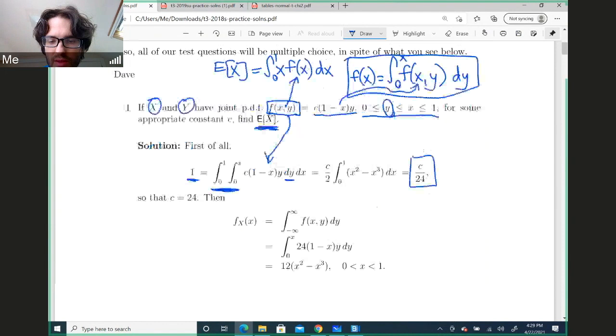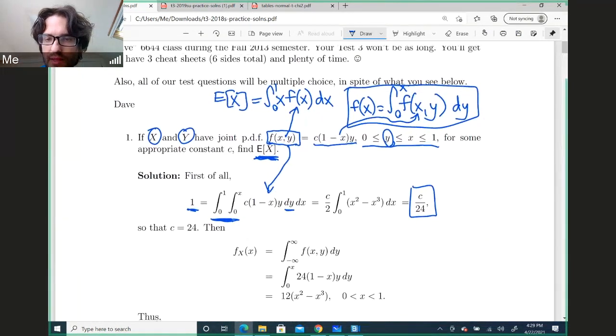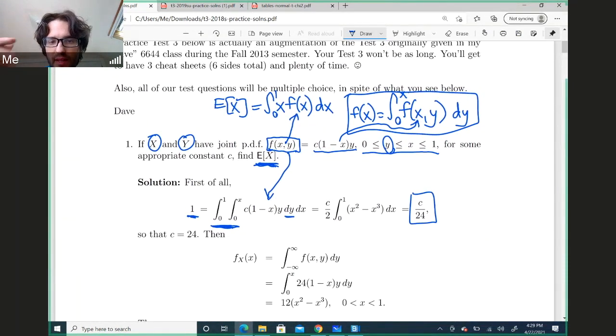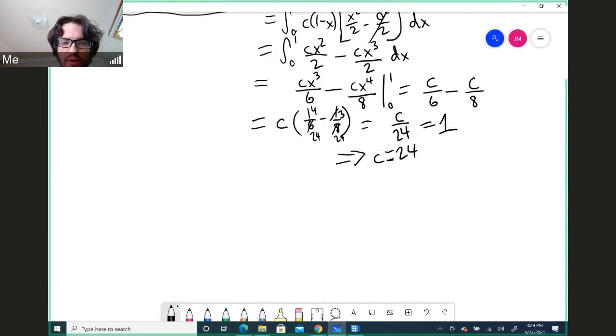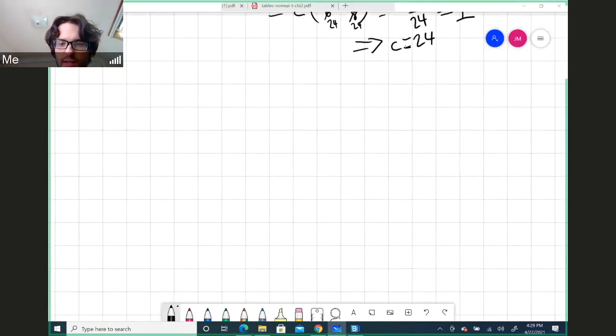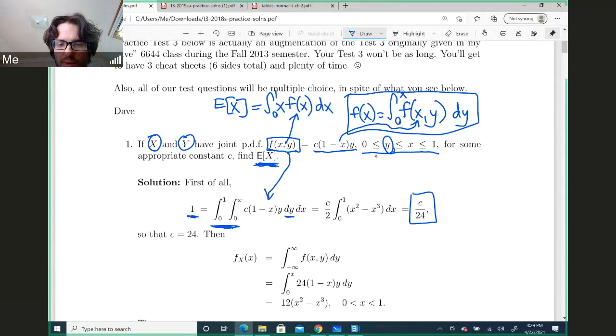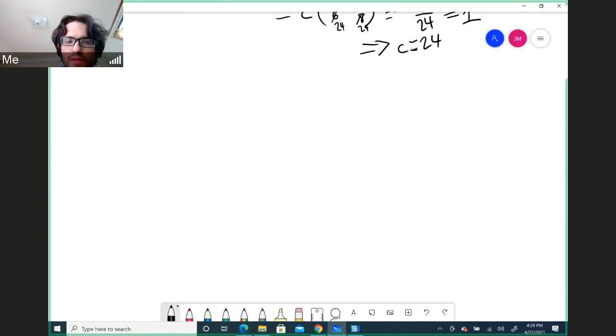Which is going to be another integral, but I might as well just go through it. So if we continue this, what we want to do is calculate this marginal distribution f of x. So we know that f of x is equal to the integral of f of x comma y dy.